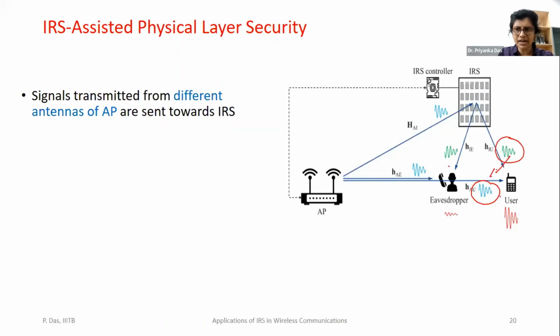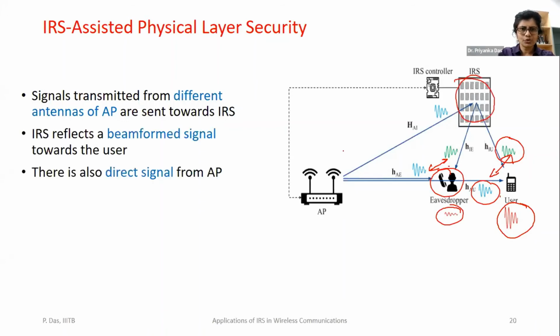If you can constructively combine the two signals in phase, then you will get a high signal at the user. And if you can do destructive at the eavesdropper, you will get a null or almost zero signal at the eavesdropper. Who will do that? The job of IRS reflection coefficient.